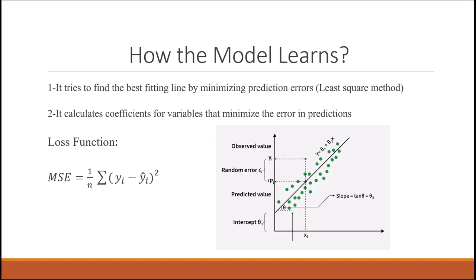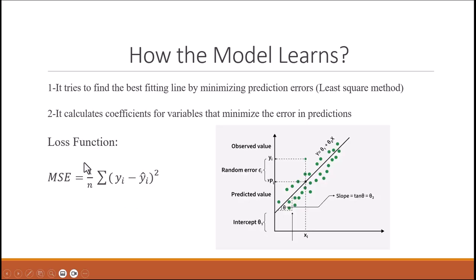Now we want to know how we use linear regression in the framework of machine learning. First of all, we want to know how the model learns. It first tries to find the best fitting line by minimizing the prediction errors, the least squares method.